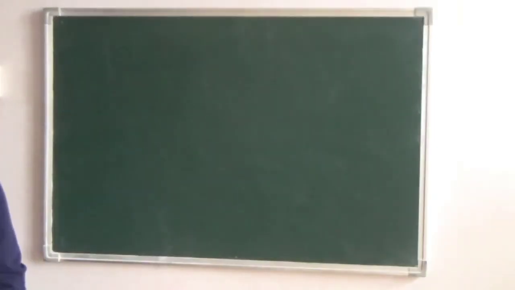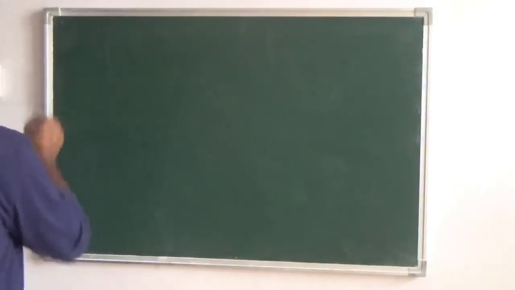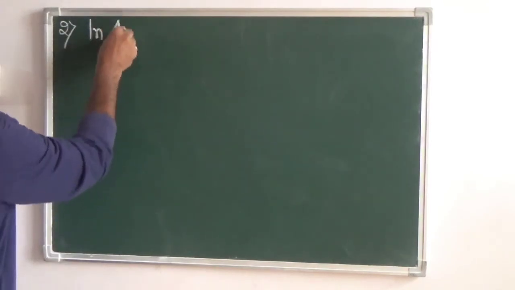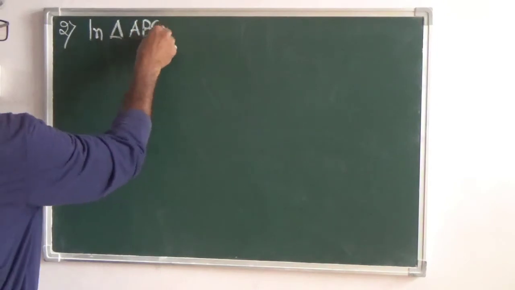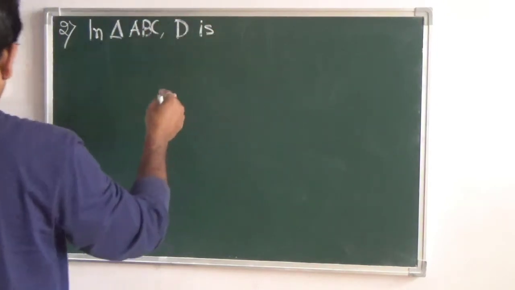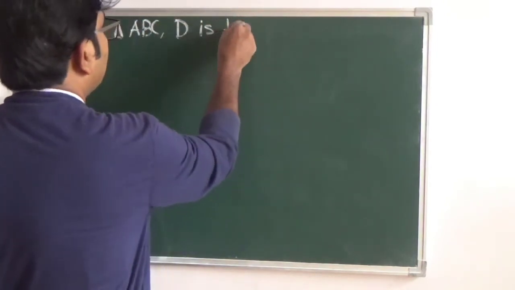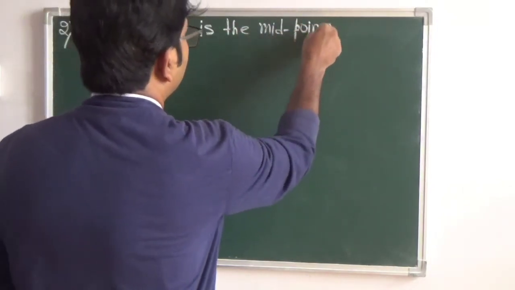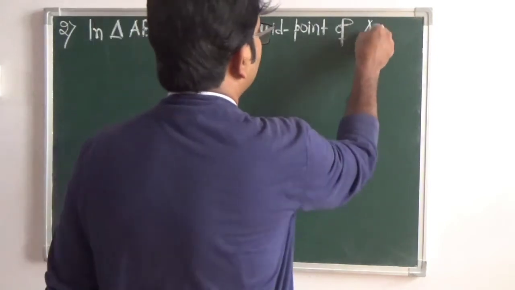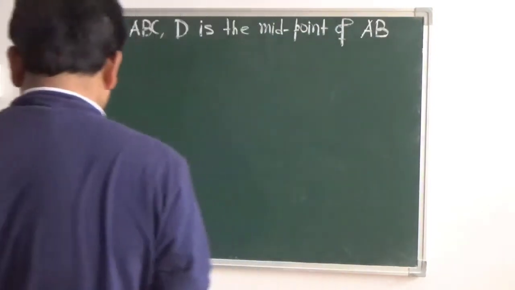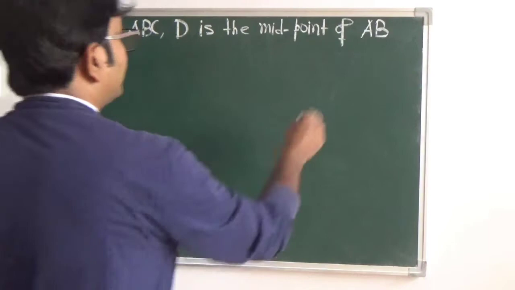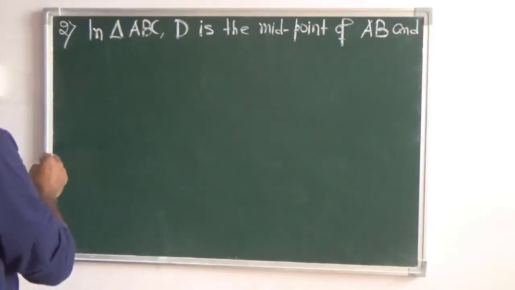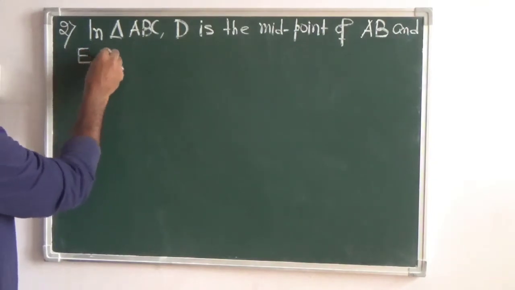So question number 2 comes like this. In triangle ABC, D is the midpoint of AB and E is the midpoint of BC.